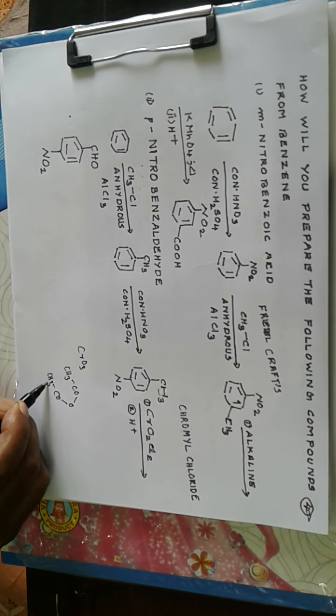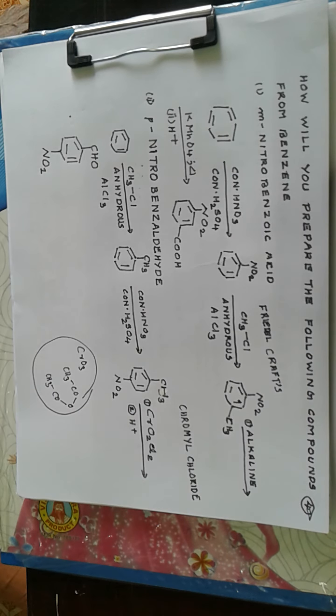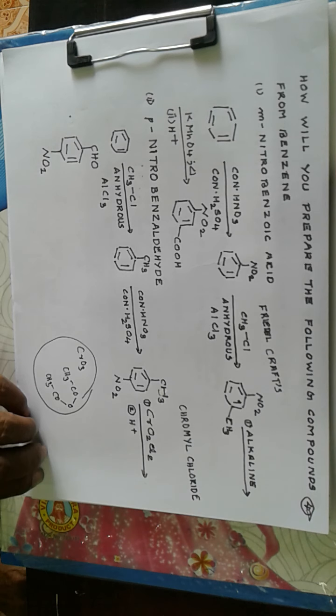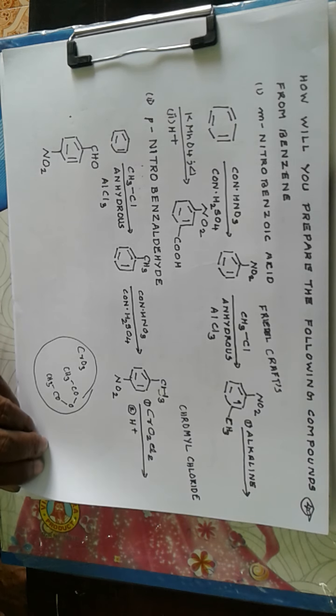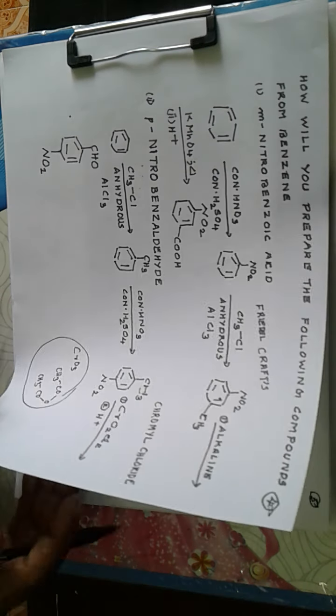This mixture can also oxidize the CH3 group to a CHO group. So that is the conversion of benzene into para-nitrobenzaldehyde.